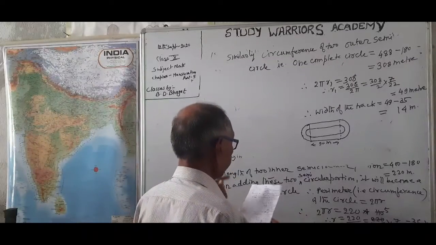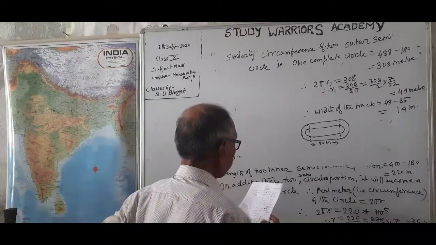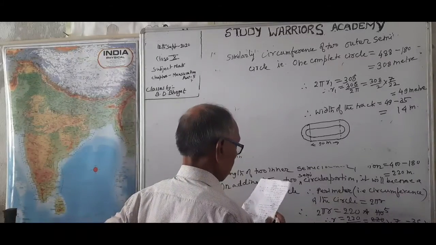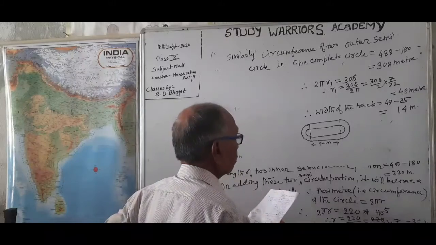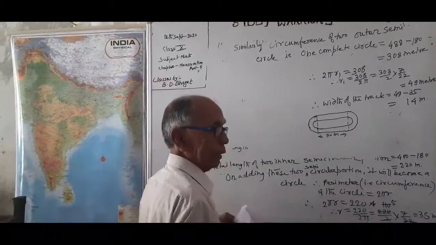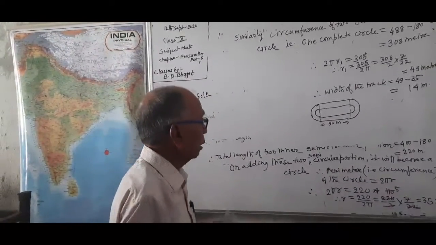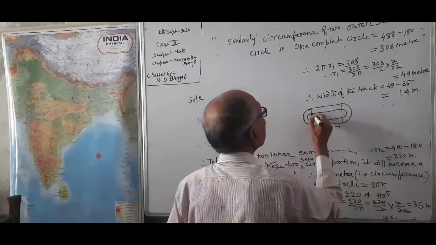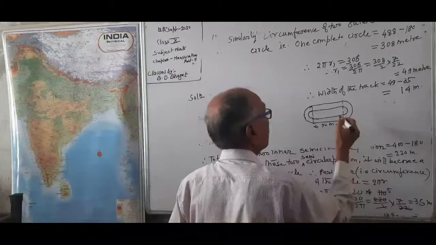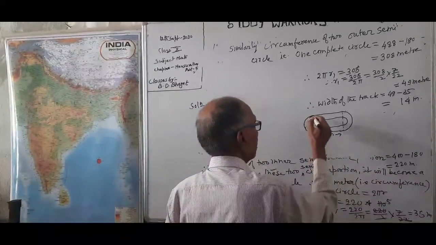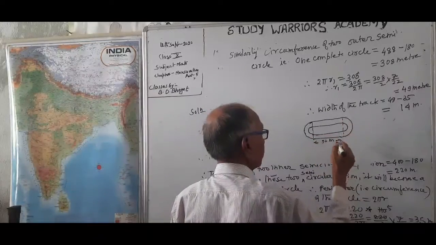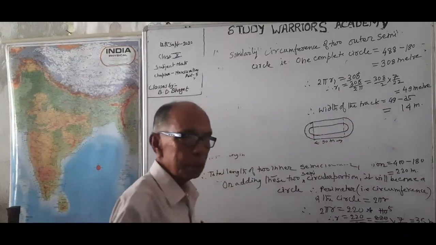So, area of the circular portion. Again, I have told you this. If you include this semicircle and this semicircle, it will be a circle. Similarly, if you add this outer semicircle and this outer semicircle, it will be a circle.